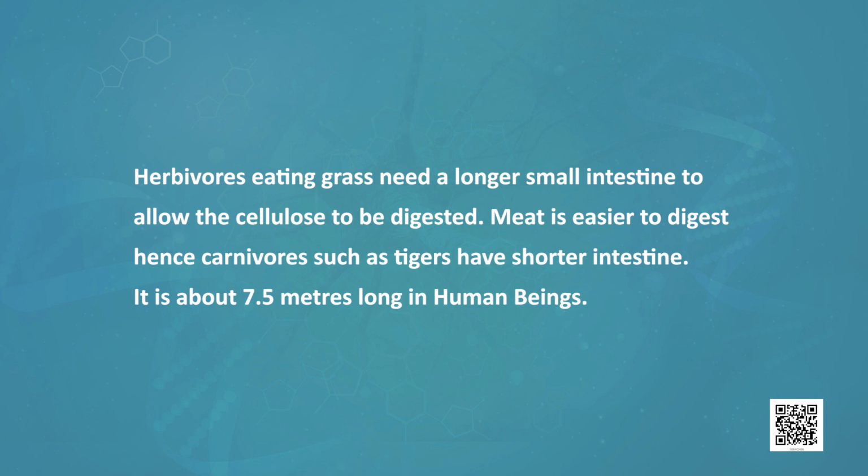Meat is easier to digest, hence carnivores such as tigers have shorter intestine. It is about 7.5 meters long in human beings. Small intestine is the site for the complete digestion of carbohydrates, proteins and fats. It receives the secretions of the liver and pancreas for this purpose.